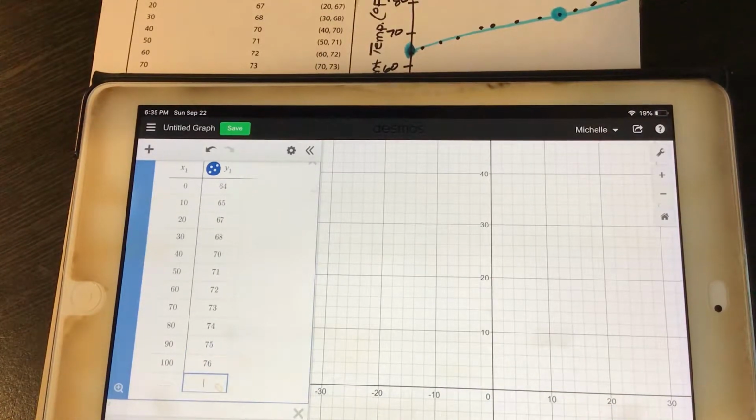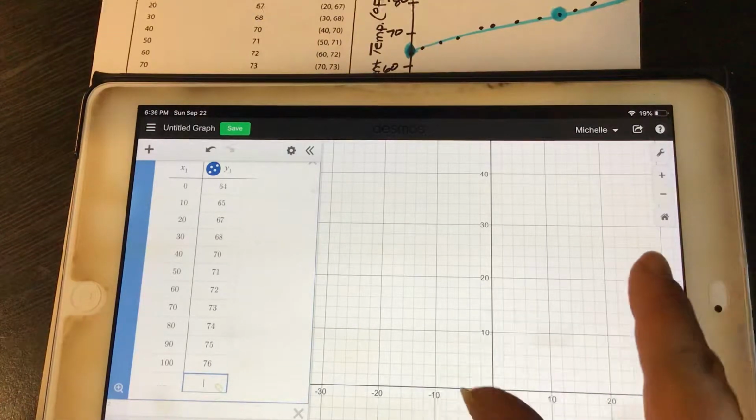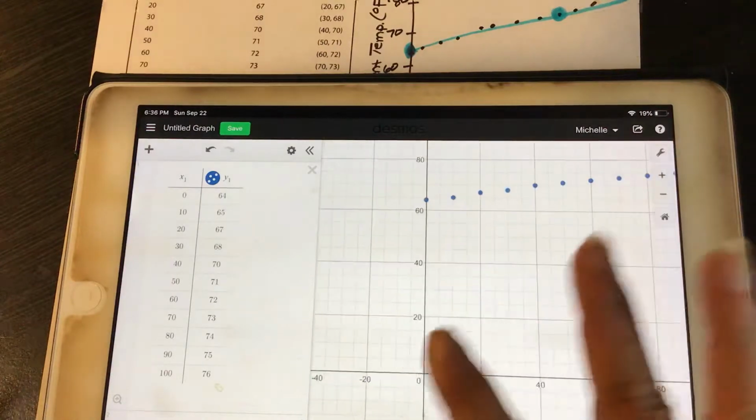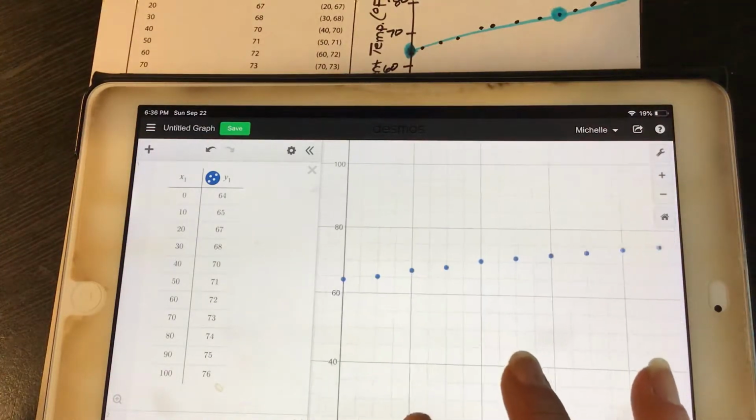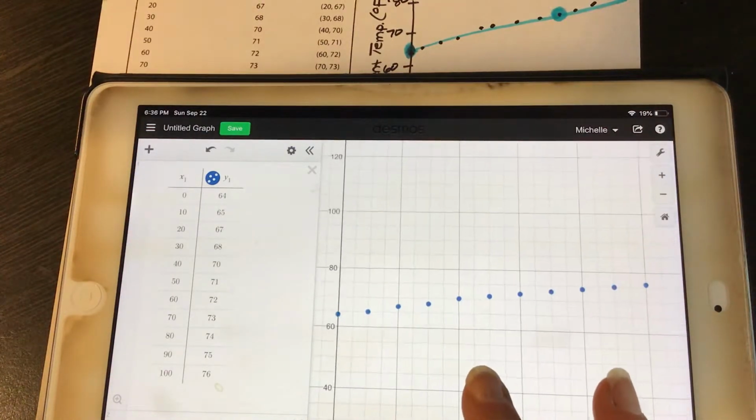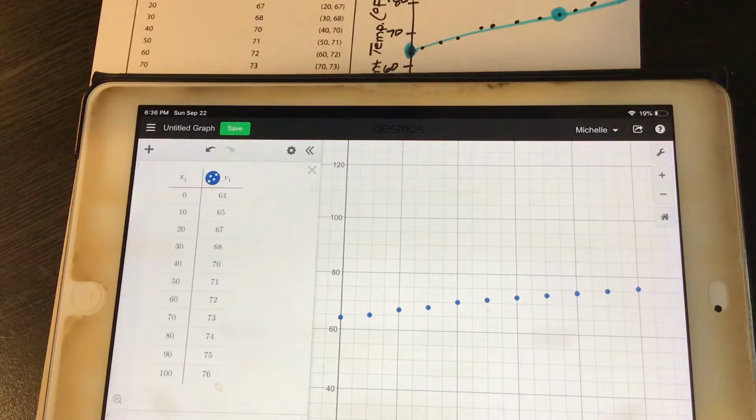All right, so here I have the data that was in my table. Now that it's put in Desmos, if I zoom out a little bit, I would see that I have those points plotted right there.